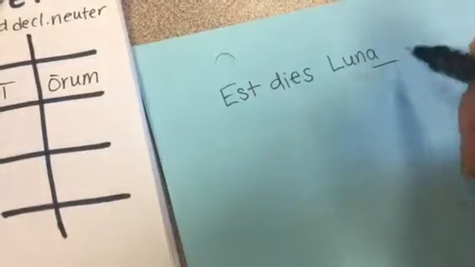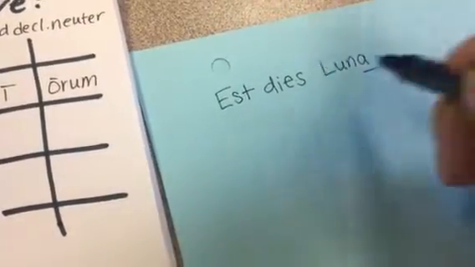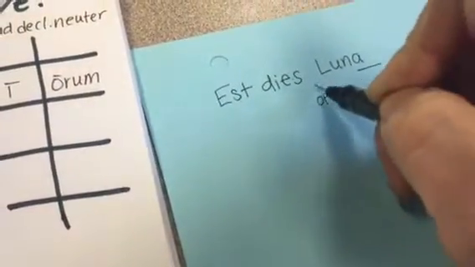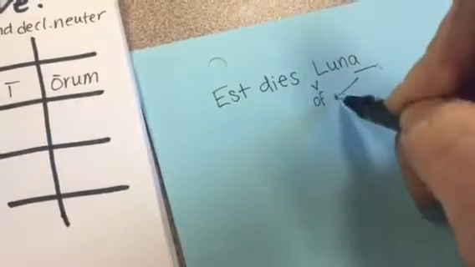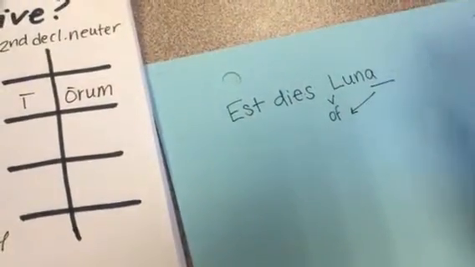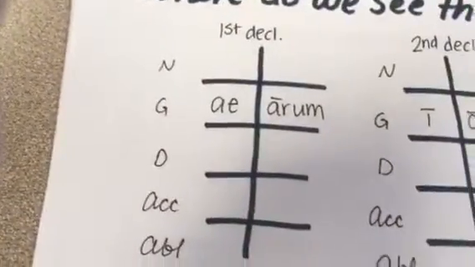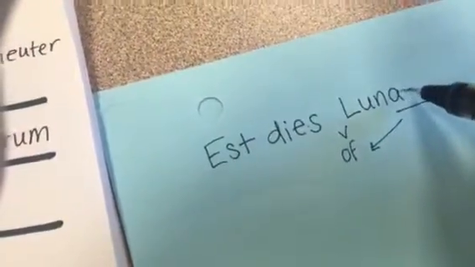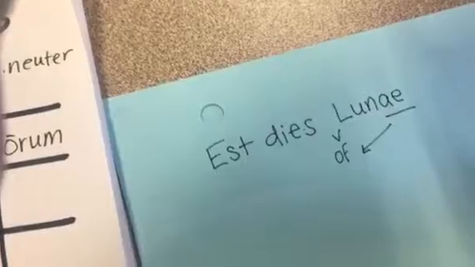And it needs to have an ending on it that's genitive first declension so that we have of beforehand. So what ending would that be? Let's go over to our chart. And because it's just of one moon, it's going to be this AE ending. So you'd say, it is the day of the moon.